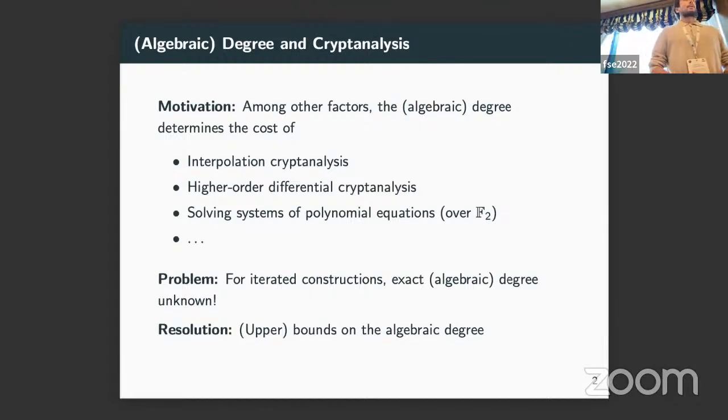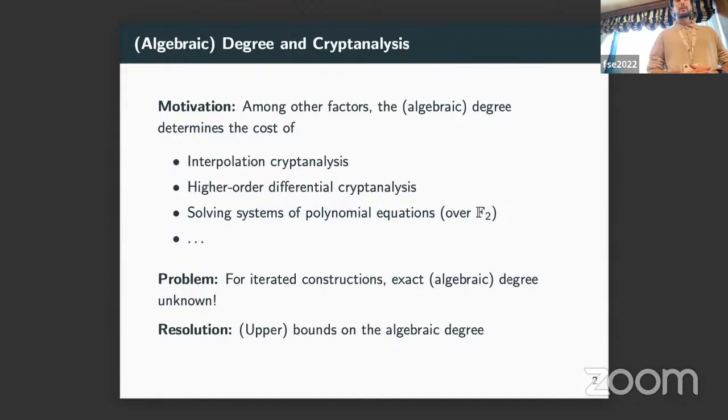In our work, we're studying the algebraic degree in substitution permutation networks. But why is this important at all? We have seen a slide in the previous talk, but I may repeat it anyway. It is the algebraic degree that determines the cost of several types of algebraic cryptanalysis.